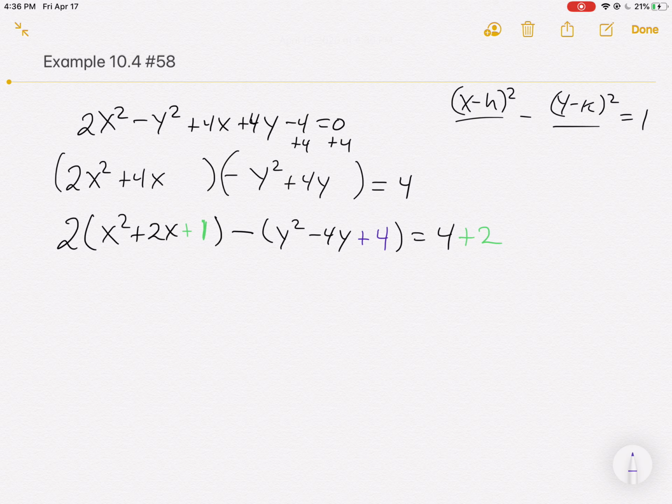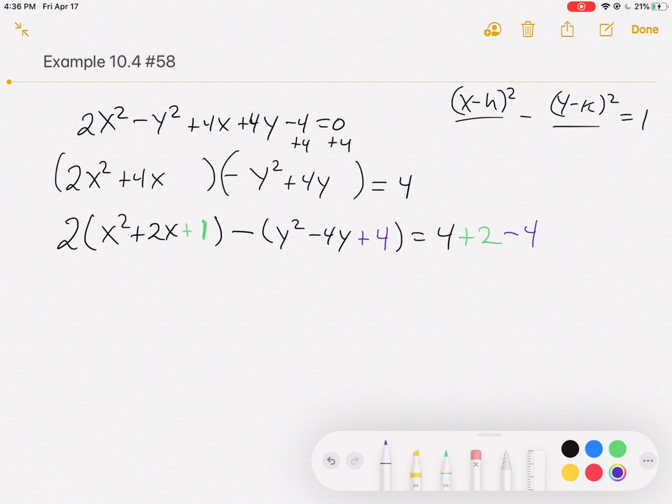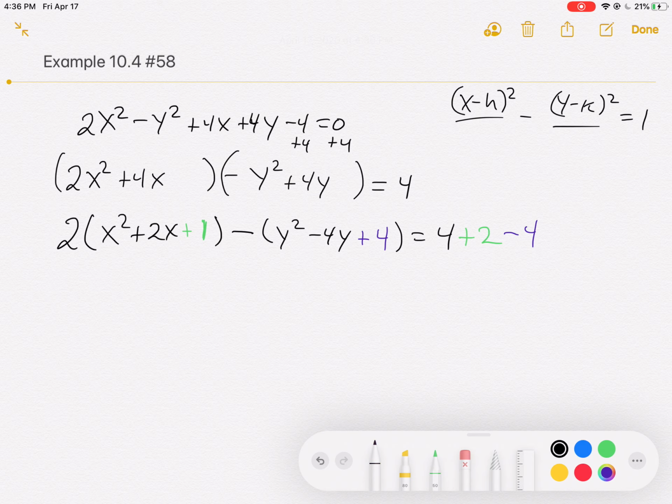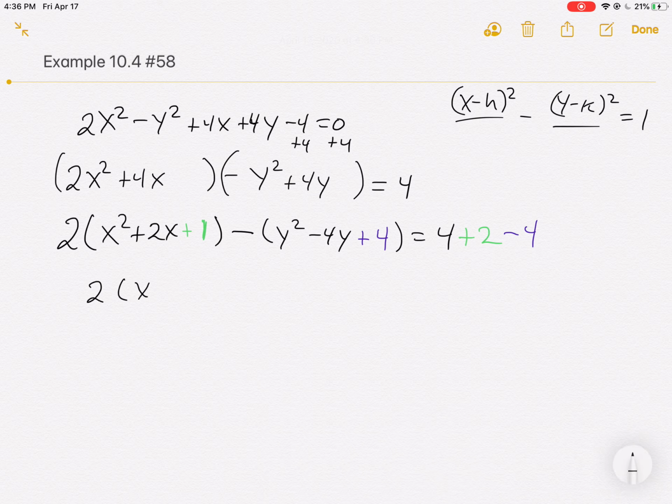But what did I really add to that side? A minus 4. I really put on a minus 4 to that side, so I've got to do a minus 4 to the other side. So let's see what we have here. I'll go back to the black color. We have 2 times x plus 1 squared minus y minus 2 squared is equal to 2.